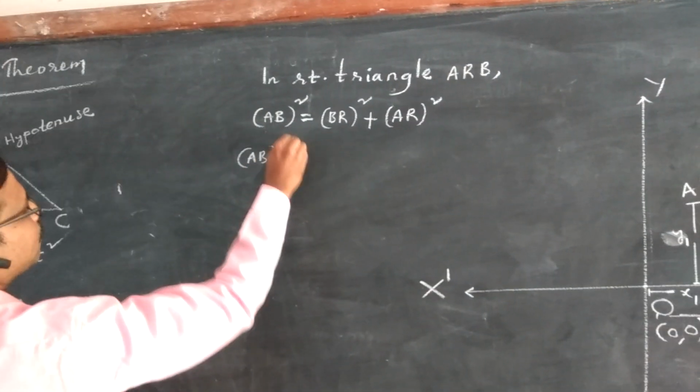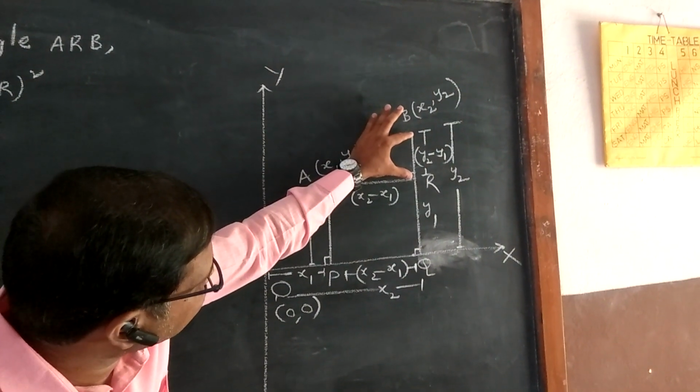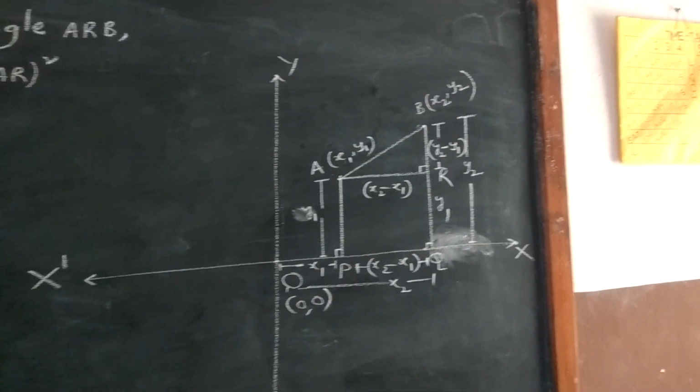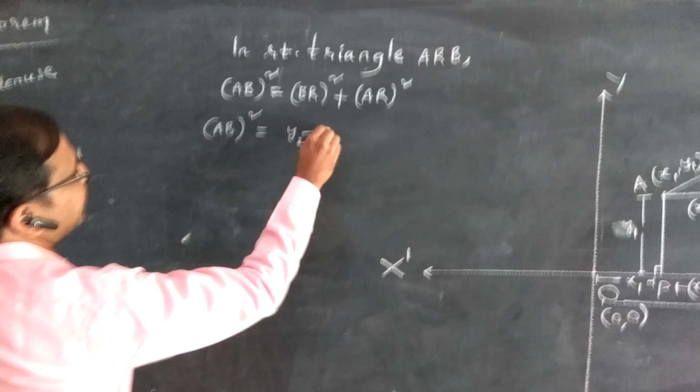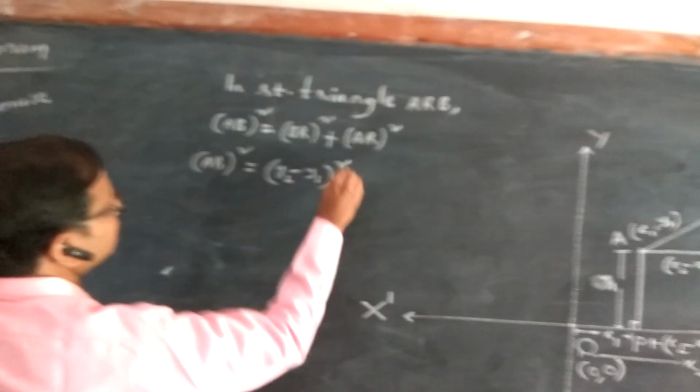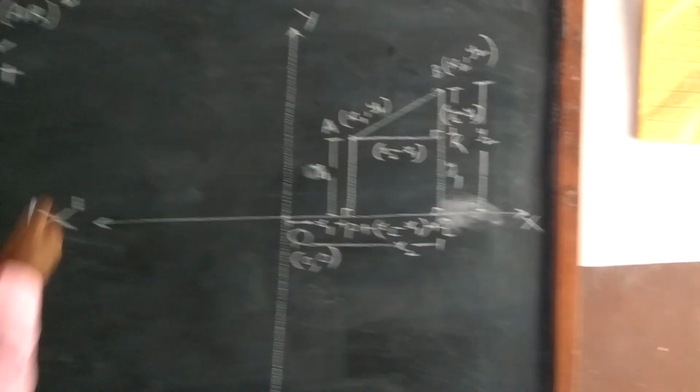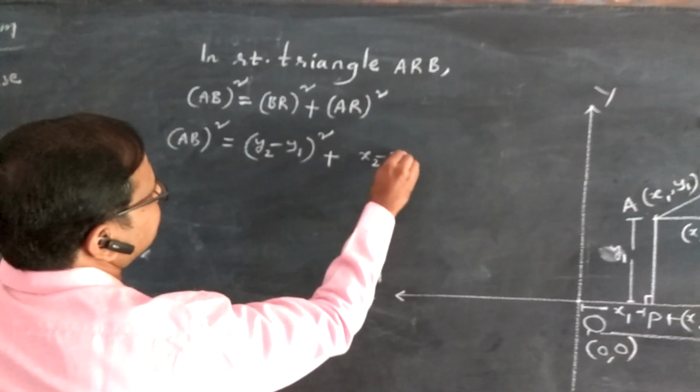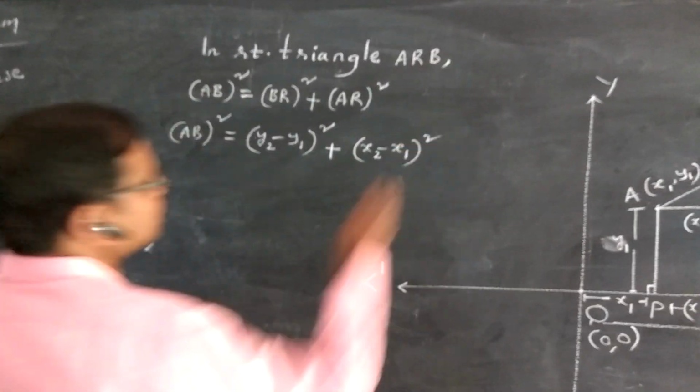AB whole square equals BR, which is y2 minus y1 whole square, plus AR, which is x2 minus x1 whole square.